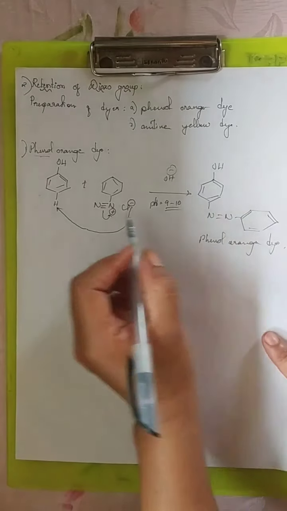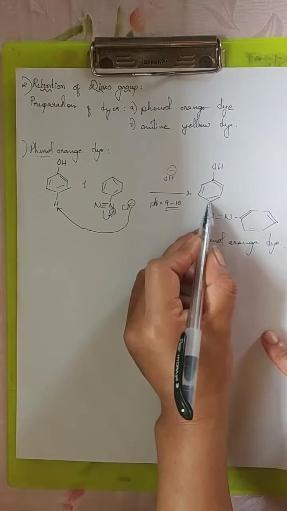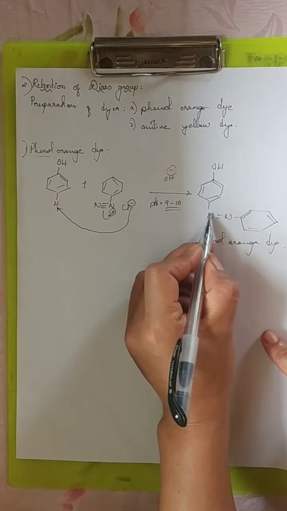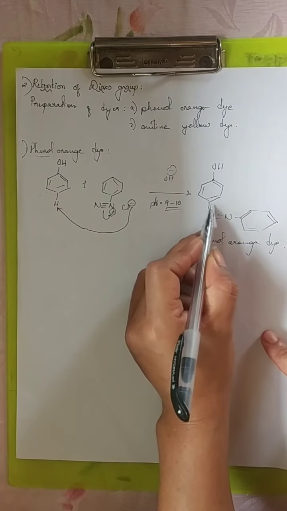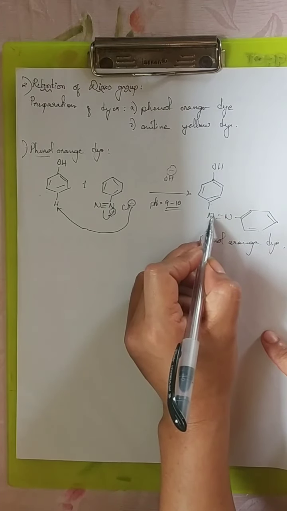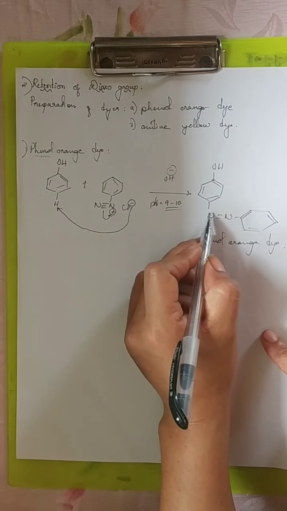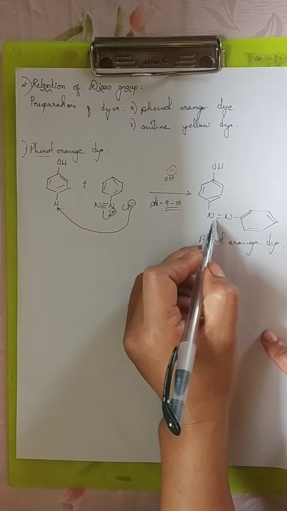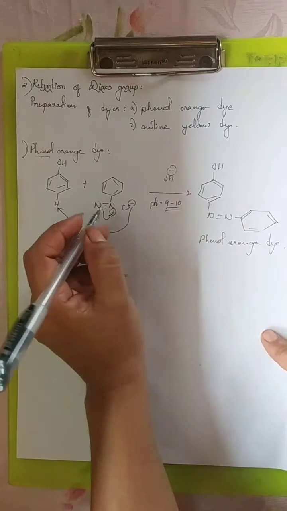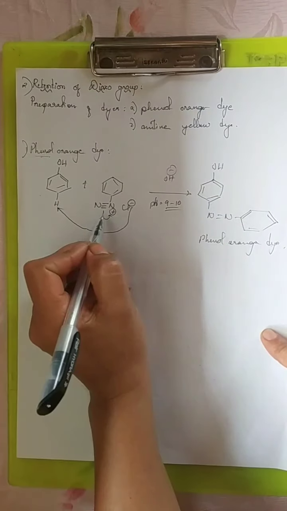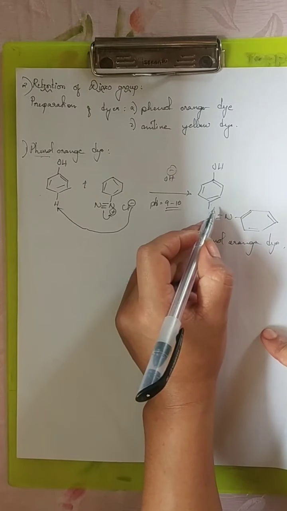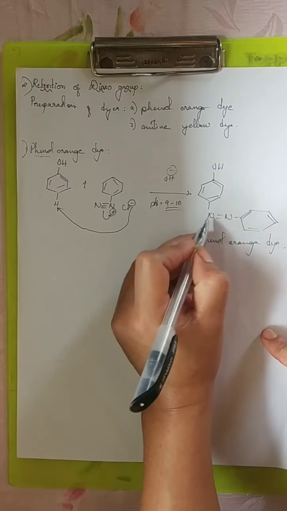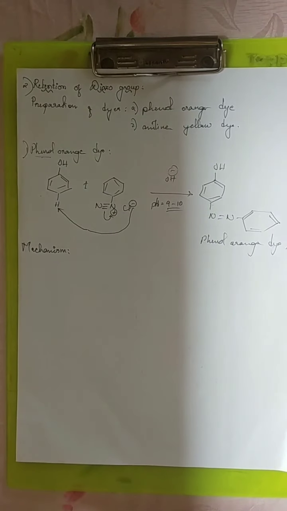Since there is coupling between the carbon and nitrogen, from here we can see that there is carbon to nitrogen coupling. Therefore this reaction is known as diazo coupling reaction.